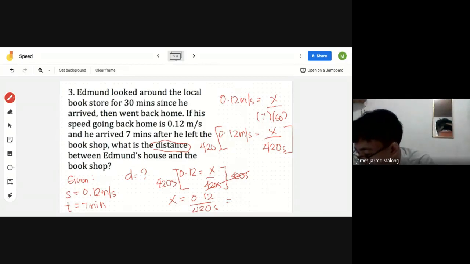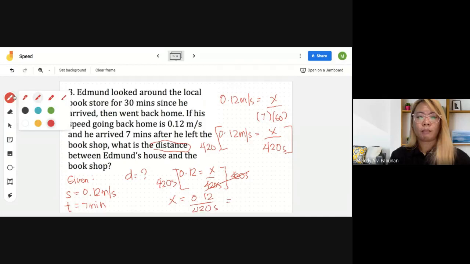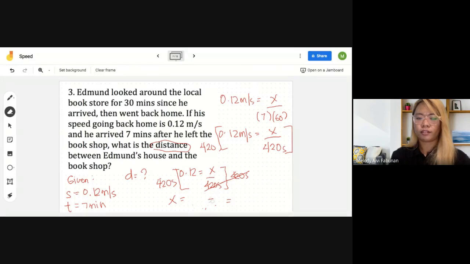Wait lang. Backtrack tayo ng isang step kasi nag-divide tayo but actually it should be multiplied. Sorry. When we canceled the 420, where's my pen?